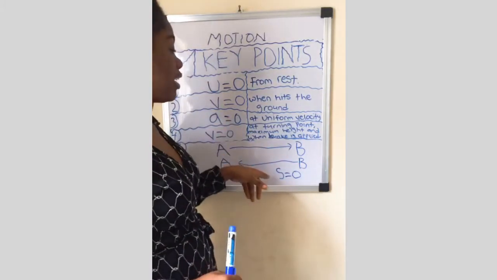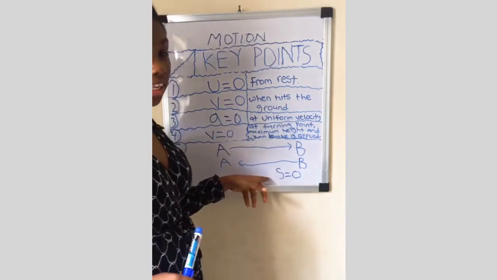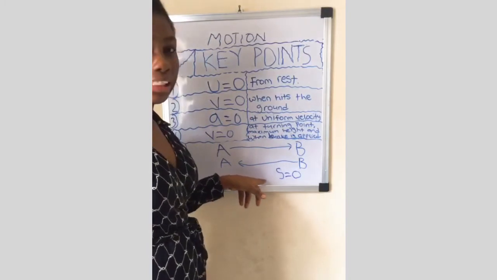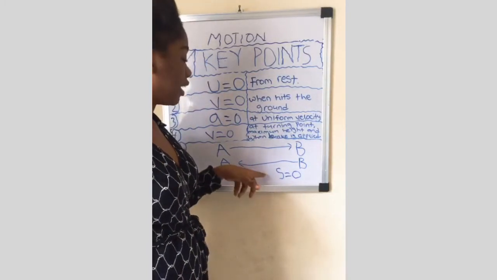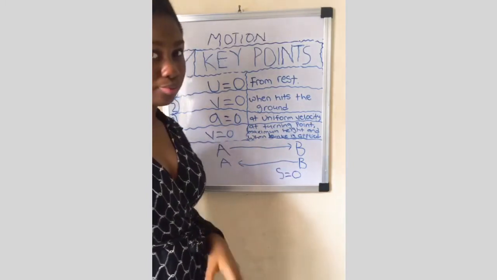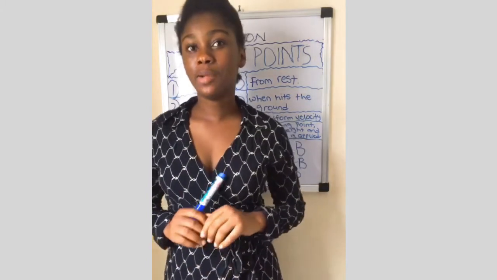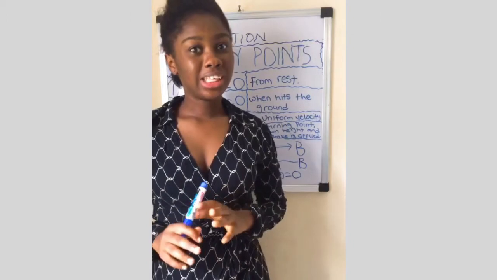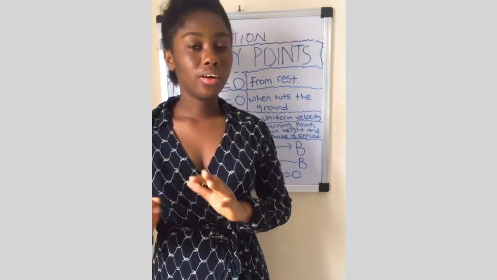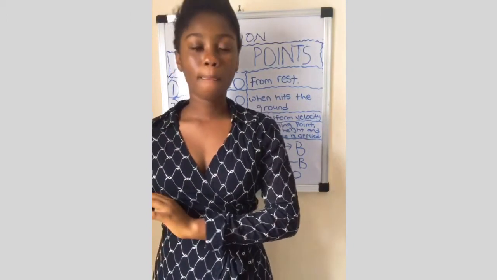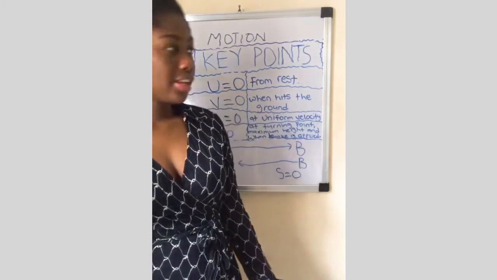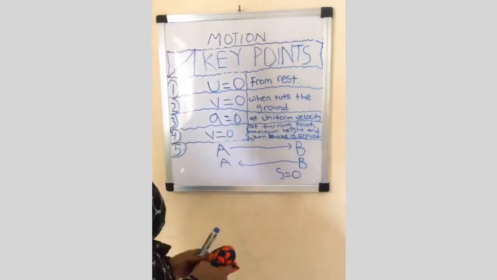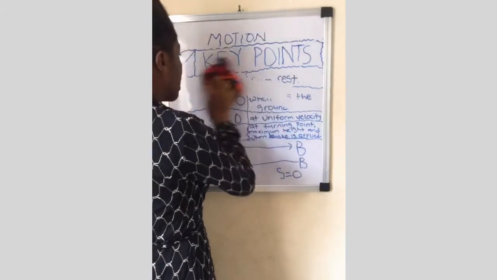And that is what I did here: vertical distance s, because s denotes it, is equal to 0. So I hope you now see the importance of the letters that denote each term. With this, I'm going to move on to another aspect.